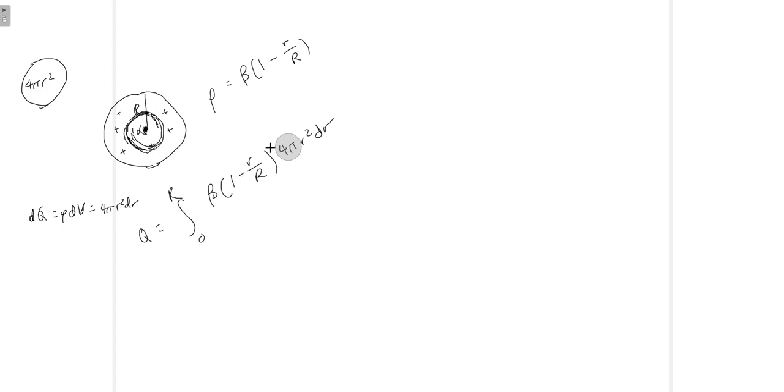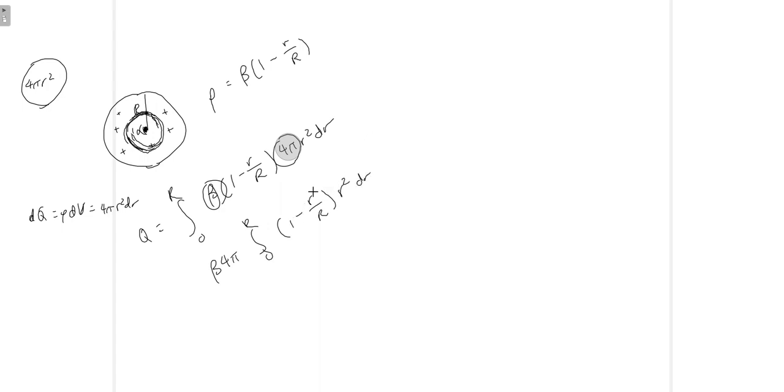What we can do is first remove some of these constants. We can pull out beta 4 pi, and integrate from 0 to R of r squared times 1 minus r over R dr.